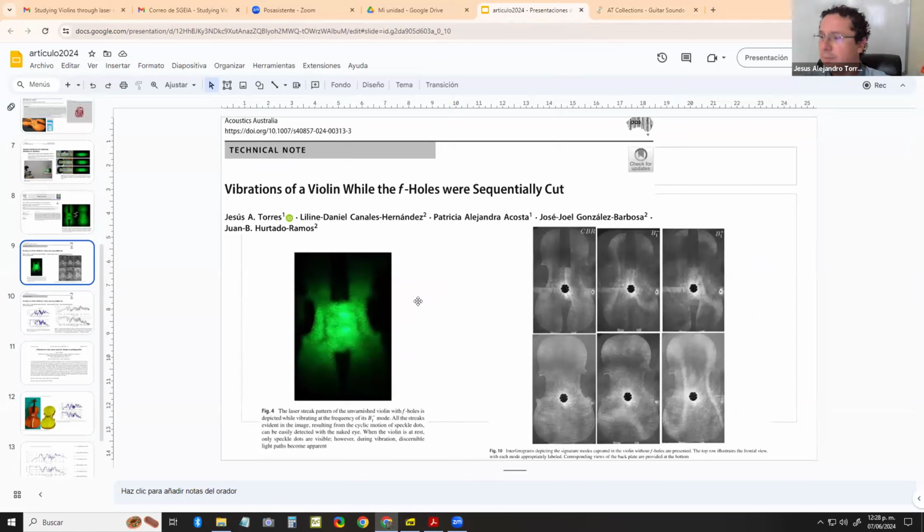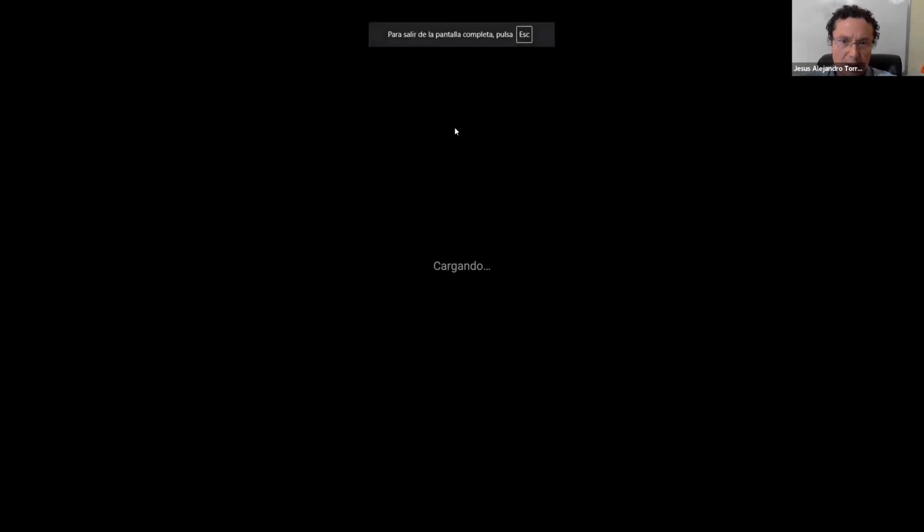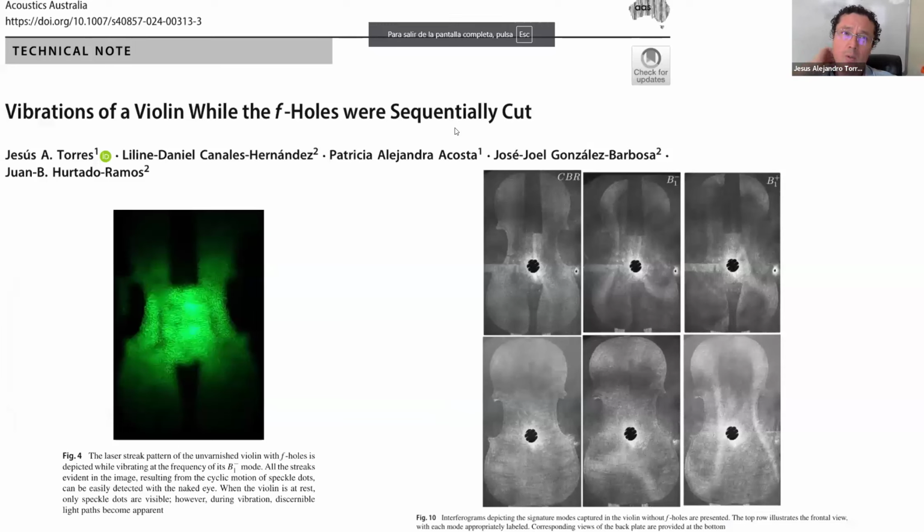This paper is about vibrations of a violin while the F holes were sequentially cut. It was measured in an engineering school, and the PhD student taking the interferograms is very interested in entering postdoctoral studies in our school. Trying to link with violin making schools in other parts is not easy for us, but it's available to everyone if you want to try.